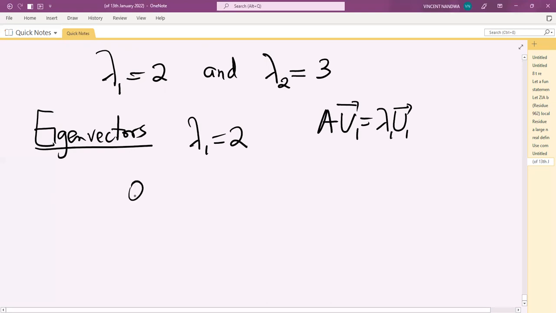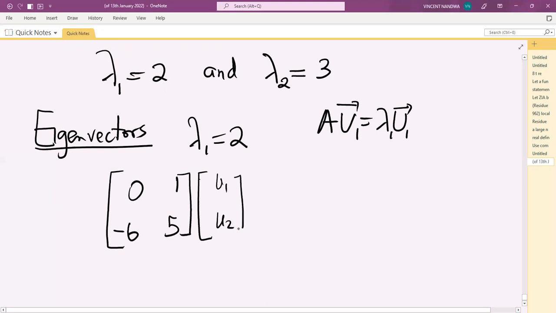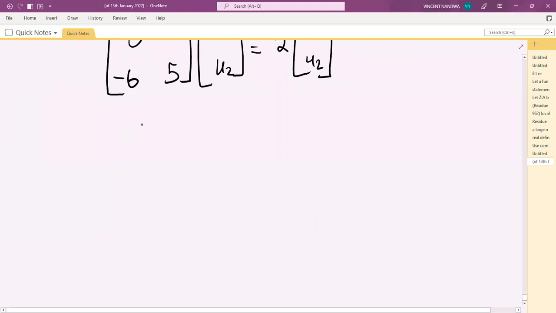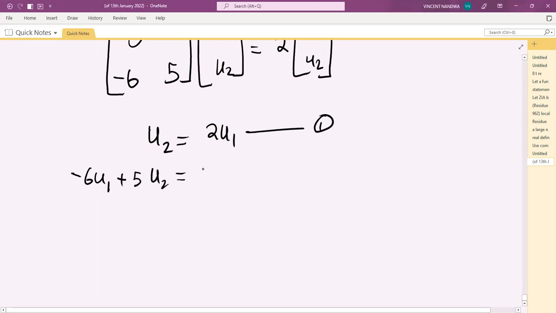So [0, 1; -6, 5] times [U1; U2] gives us 2 [U1; U2], which will give us U2 equals to 2U1, call this one equation 1, and minus 6 U1 plus 5 U2 equals to 2 U2, call this one equation 2.